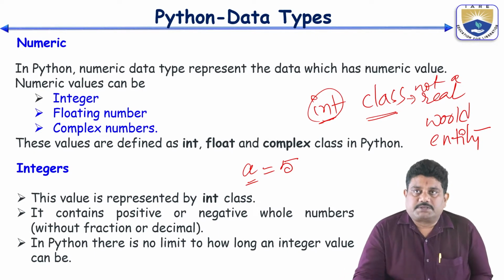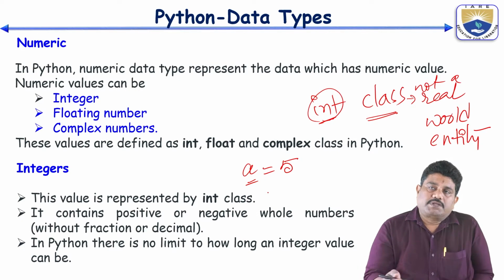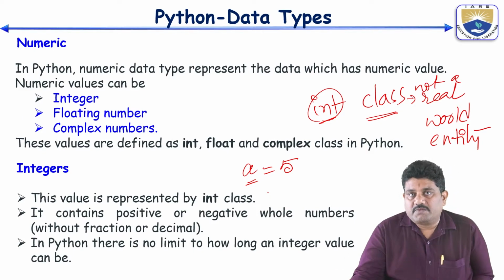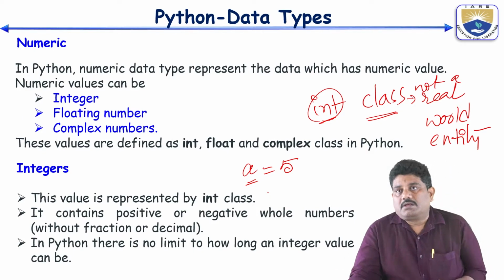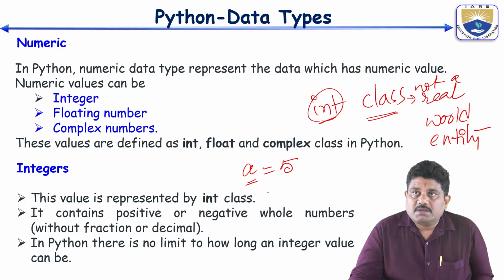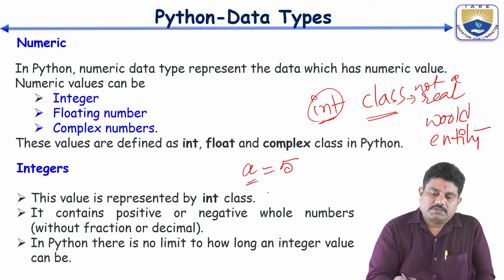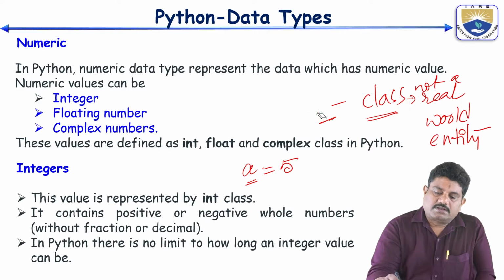For that object you can assign a value. By using that object we can store a value, access the value, and use it anywhere in our programming, for calculation purposes or whatever our requirement may be. So that is about object and class here.